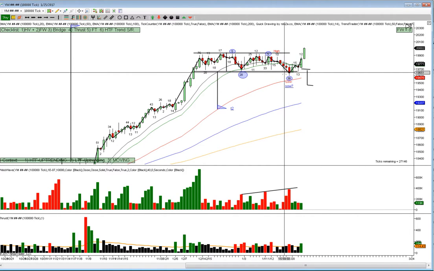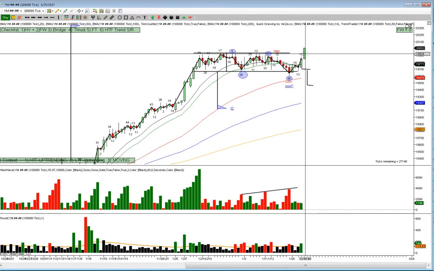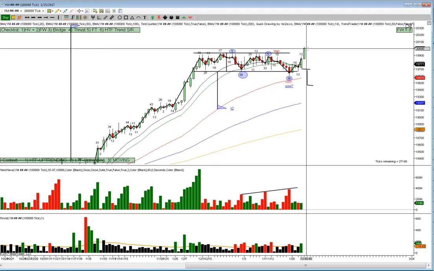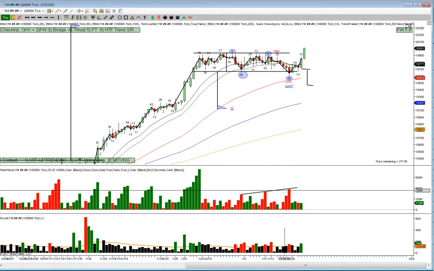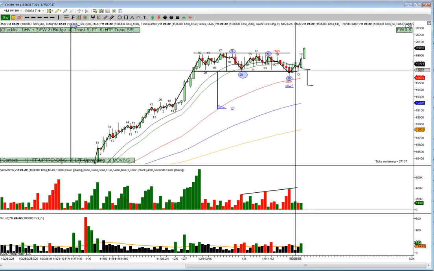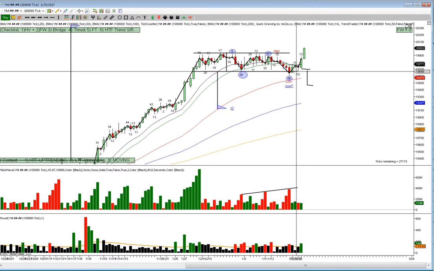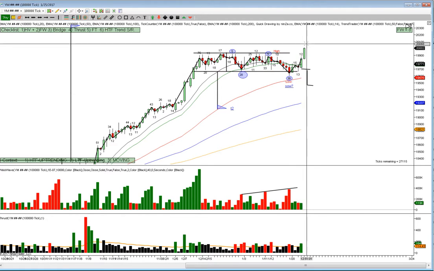Someone came in right before that happened, and they did this. Initially you saw sellers taking over, but someone came in and said, no you don't, and at the last point they bought up everything.